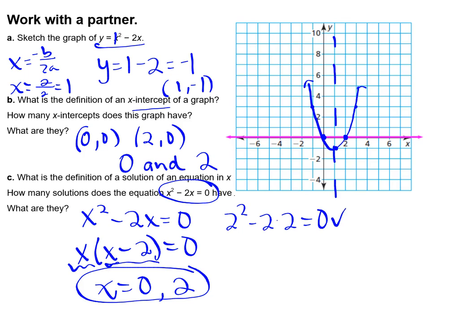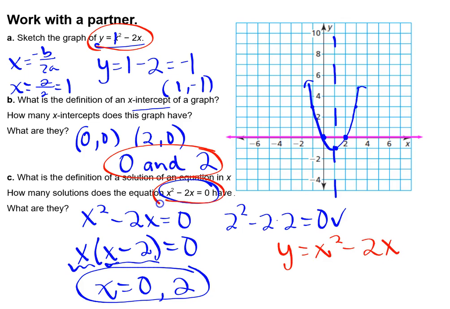Now you may notice that those solutions here are the same as the x-intercepts that we got here. And if you compare the two problems, here we were working with y equals x squared minus 2x. And here we're working with 0 equals x squared minus 2x. The only difference is that instead of a y, we had a 0.